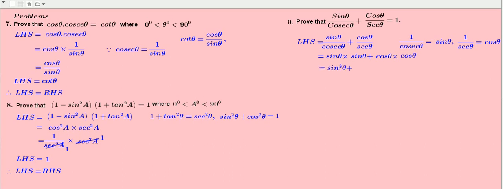Therefore LHS equal to sin square theta plus cos square theta, that is equal to 1, because sin square theta plus cos square theta is equal to 1. That implies LHS equal to RHS.